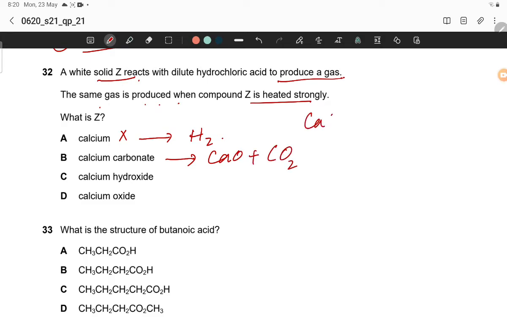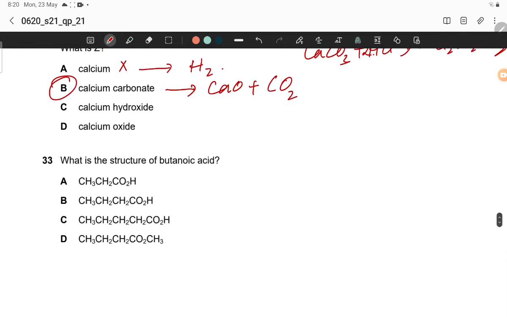Then the same compound reacts with HCl to give CaCl2 plus water plus CO2. So calcium carbonate is the correct option.